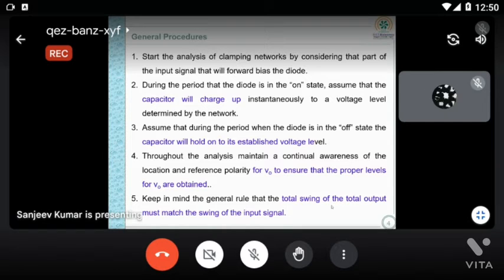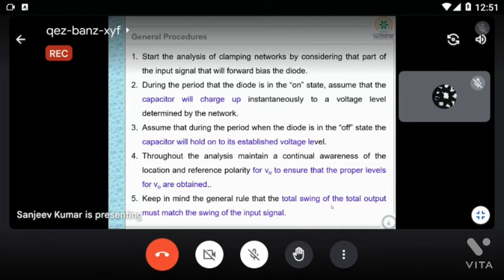Throughout the analysis, maintain a continual awareness of the location and reference polarity of V0 to ensure that proper levels for V0 are obtained. Last point, keep in mind the general rule that the total swing of the output must match the swing of the input signal.